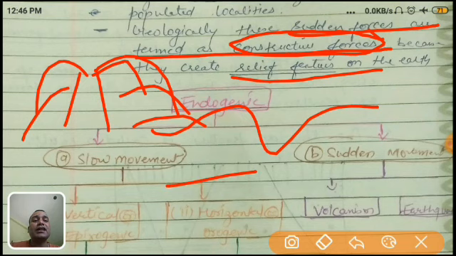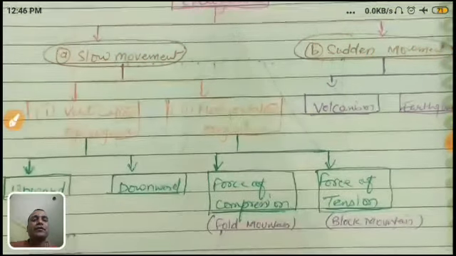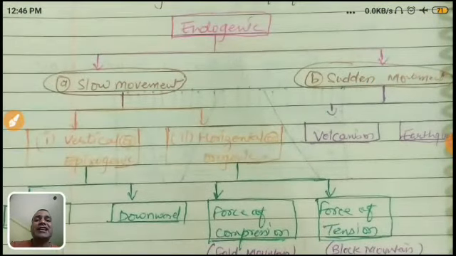In an earthquake, when the earth is shaking, many landforms are formed. So volcano and earthquake are constructive forces. For our purpose we think they are destructive, destructive for the population, but constructive for the landforms. Always remember.